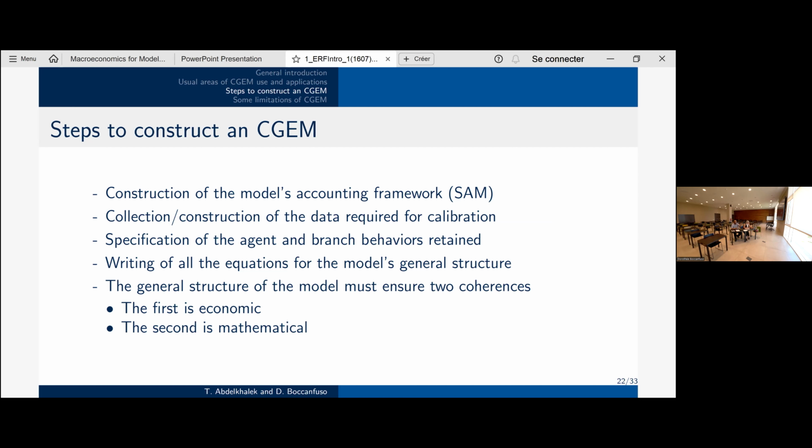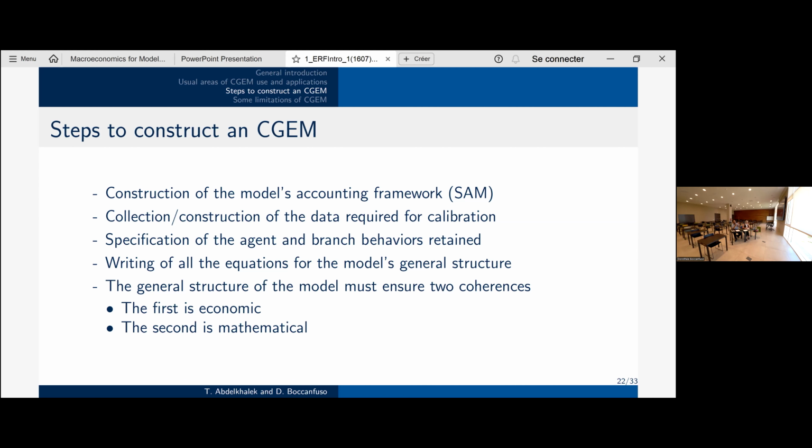And after that, we can write all the equations of the model. In mathematical terms, a CGE model is a succession of equations with variables, with parameters. So a CGE model is a big model, with many equations. We'll see some of these models tomorrow and next week.